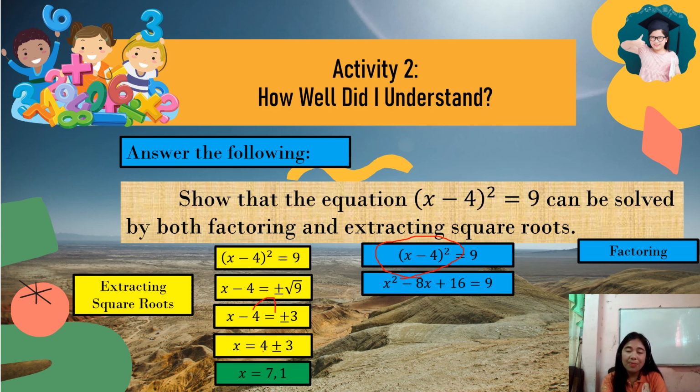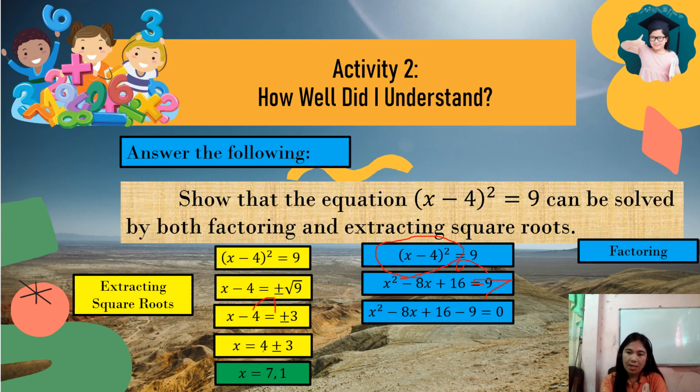Now, it is still not in standard form because in standard form, this side should be 0. So this 9, you transpose it to the other side so that it will be combined with 16. So the equation becomes x squared minus 8x plus 16 minus 9 equals 0.